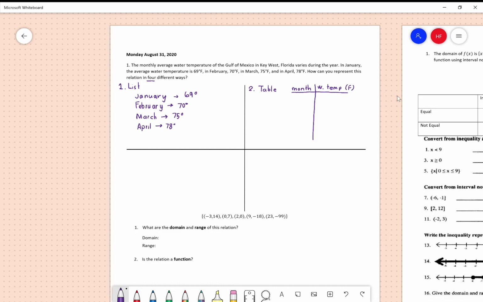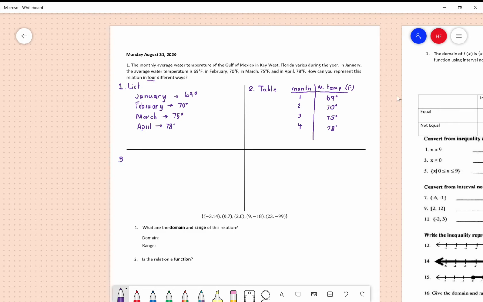So for the month, we number our months. So 1 would be January, 2 February, and so on. And then we have our water temperatures listed already. So we've got 69 degrees, 70 degrees, 75 degrees, and 78 degrees. So we have a list, we have a table.